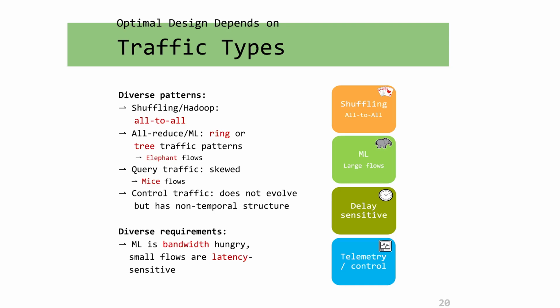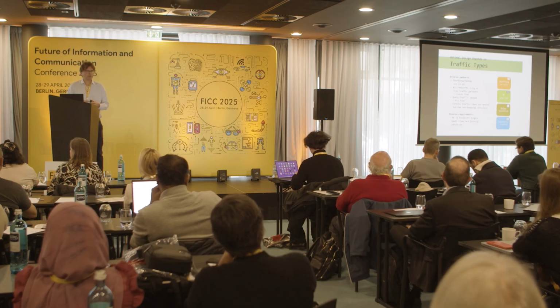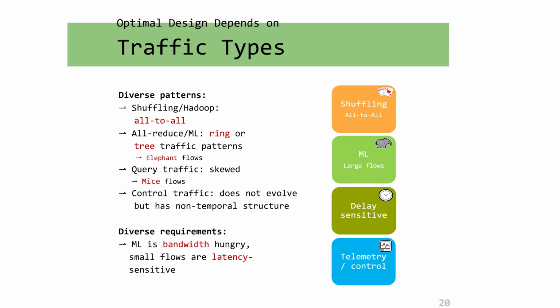For example, all-reduce operations have more like tree type or ring type traffic patterns. And query traffic is often, queries are very small requests or messages, and these are called mice flows. Okay, so this is a different type of traffic. And then we have also something like control traffic. We want to learn about the data center infrastructure, and we gather all this information from the different places.